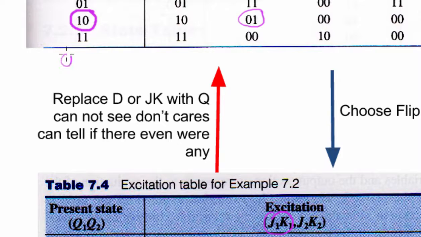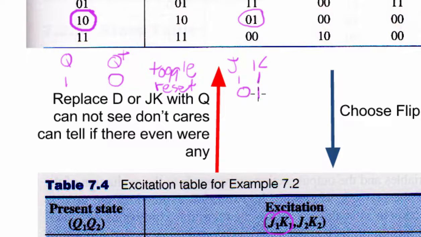So our current Q is a 1 and our Q plus is a 0. So we could do this with a toggle, which would be a J value and a K value of 1, 1. Or we could do this with what? A reset, which would be a value of 0 and 1.